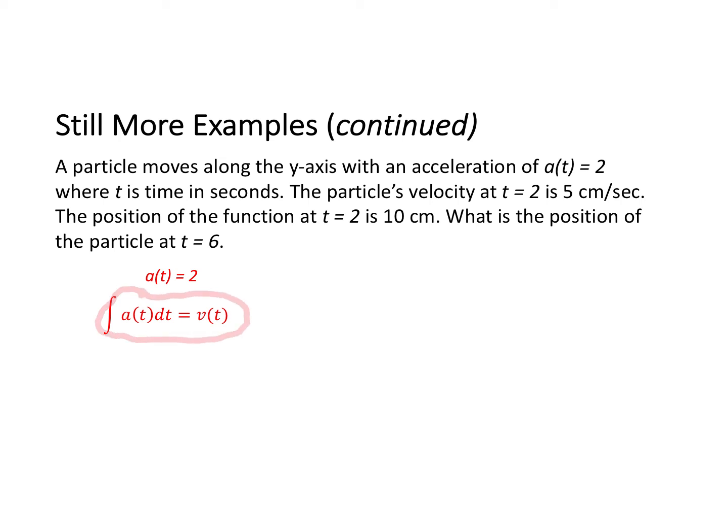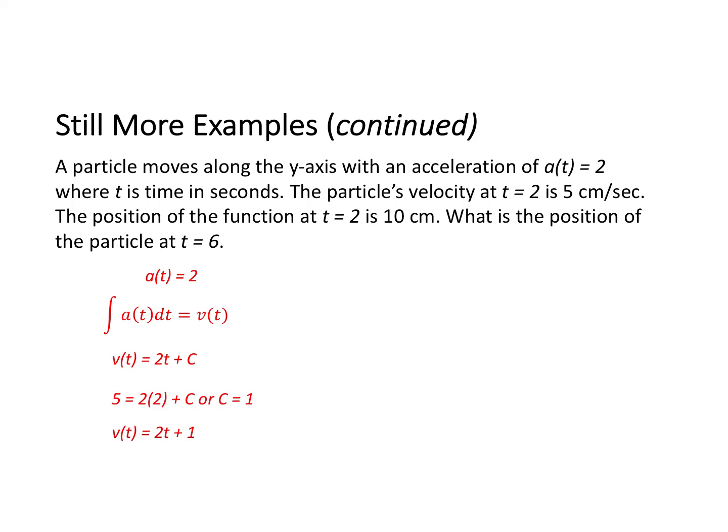So if I take the integral of 2 dt, I should come out with the velocity function. And sure enough, I come out with v of t is equal to 2t plus c. Since we have a constant 2, if I take the integral, that's actually 2t to the 0. Add 1 to the exponent, divide by 1, it becomes 2t plus c.